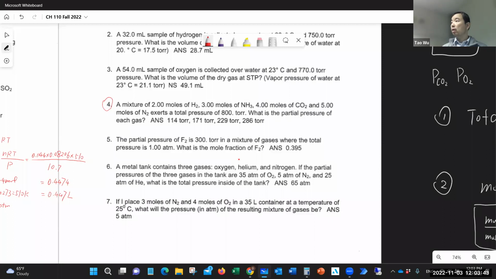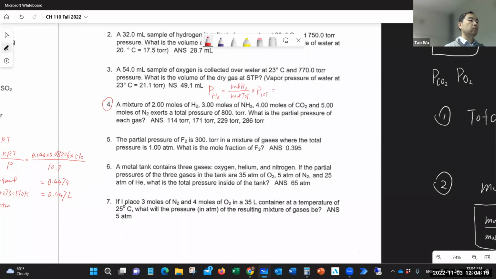You know the moles of each gas and the total pressure, so based on the mole ratio you should be able to figure out the pressure of each. The partial pressure of the hydrogen equals the moles of hydrogen divided by the total moles of the gases, multiplied by the total pressure.